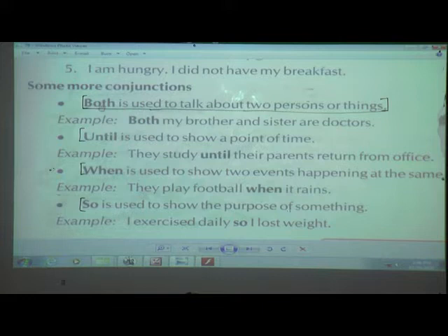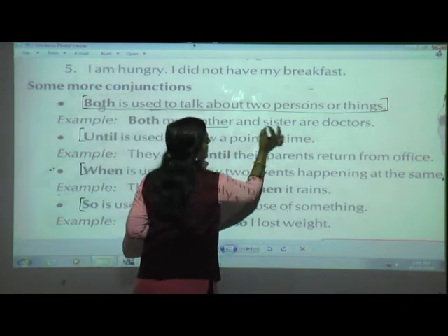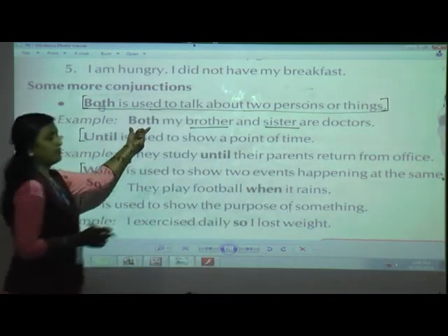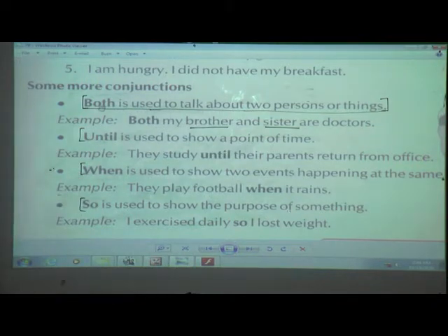So both my brother and sisters. See, can you see here? Two persons are there, yes or no? So I am going to use both in the start.